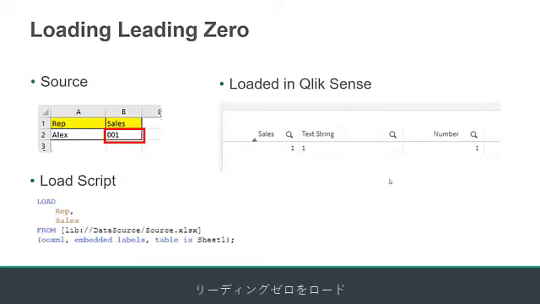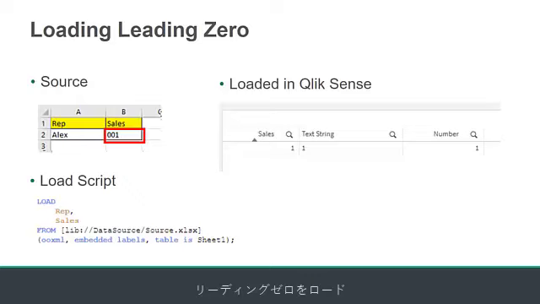As you can see, there is a mismatch between the original value in the data source and the loaded value. The original value is 001, as you can see, and the loaded value into QuickSense, that text string is 1.